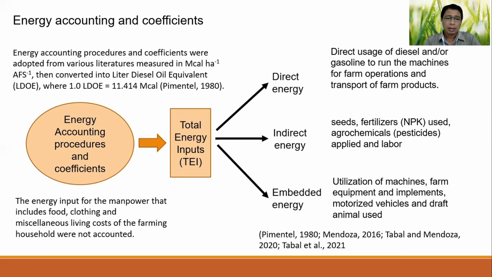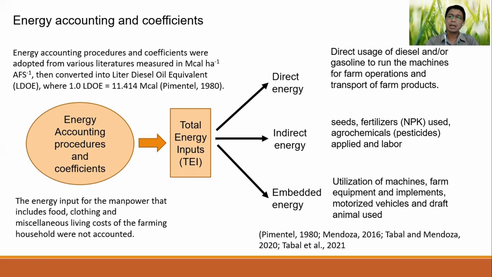Now, the total energy input is calculated in 3 ways. One, from direct energy, second, from indirect energy, and third, from embedded energy. Direct use of fuel or gasoline to run machineries for farm operations and transport of farm products, that's the direct energy.